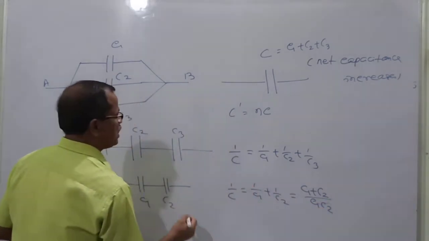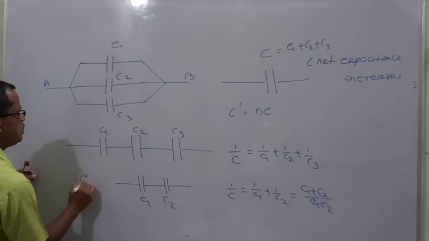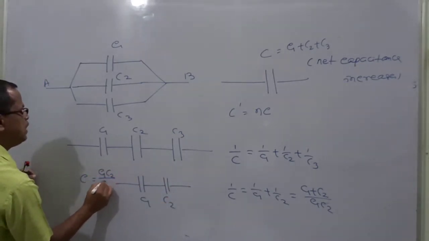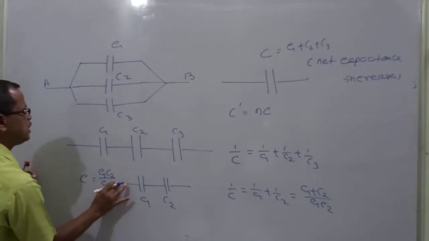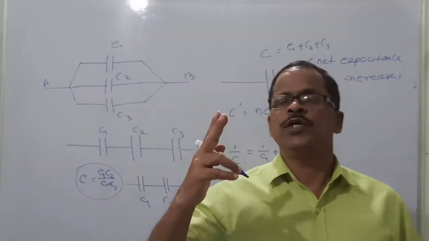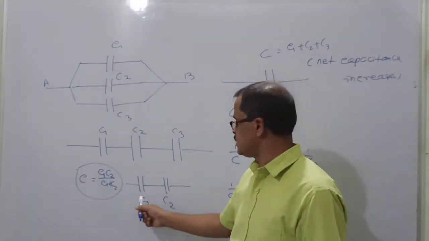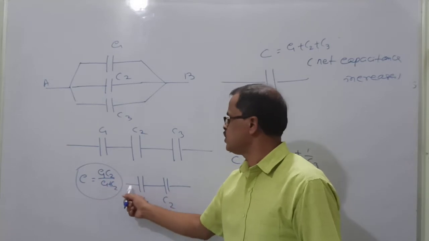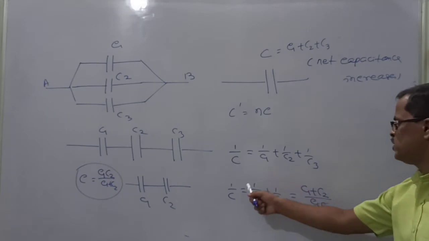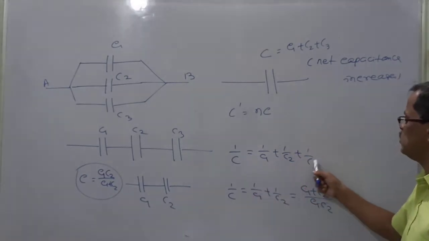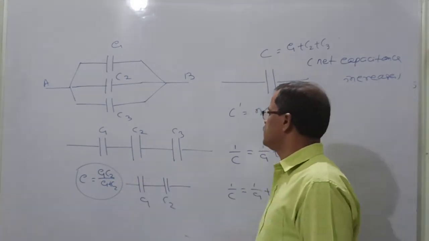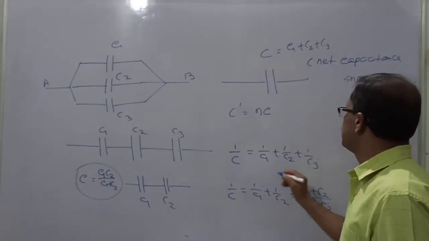So the net capacitance for two capacitors in series is C1 C2 by C1 plus C2. That is the simplest form, to get a solution quickly instead of writing 1 by C1 plus 1 by C2 plus 1 by C3 and so on.